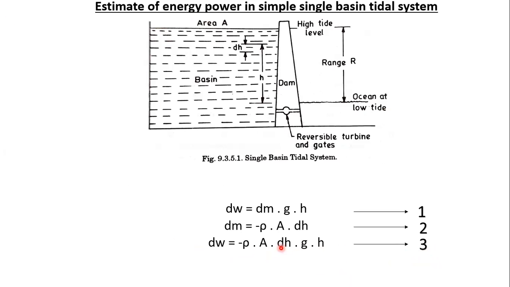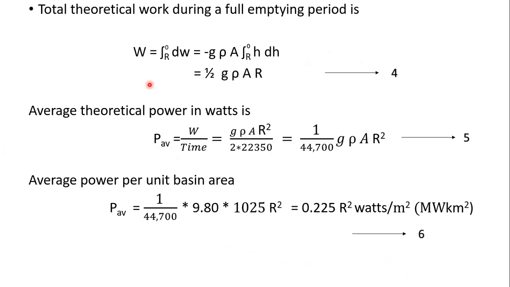If you integrate this expression, we will get W is equal to the integral from limits R to 0 of dW, that is equal to minus g rho A, these are the constants so we keep them aside, the integral from R to 0 of h dh.